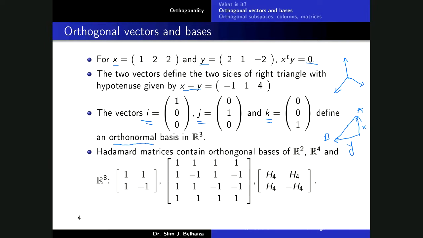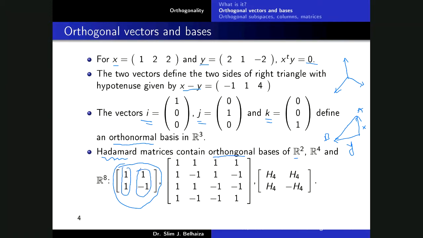Now, what is very interesting is that we can define what we call the Hadamard matrices. The Hadamard matrices contain what we call orthogonal bases in R2, R4, or R8. For example, if you consider this first one in R2, you see the product of the two columns is equal to 0.